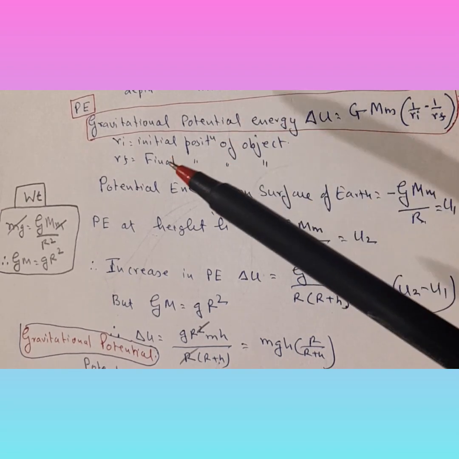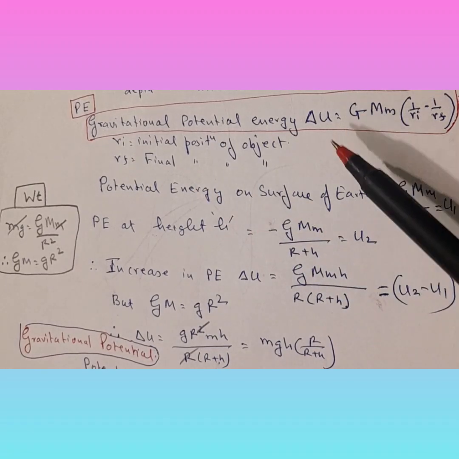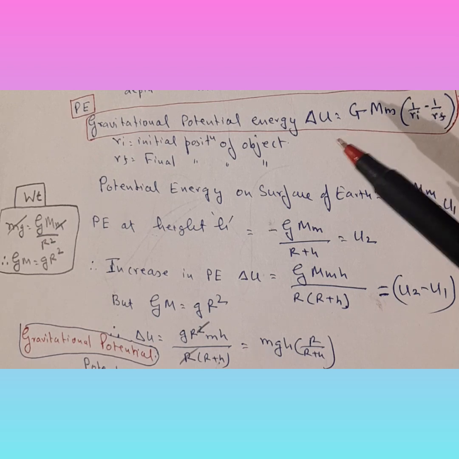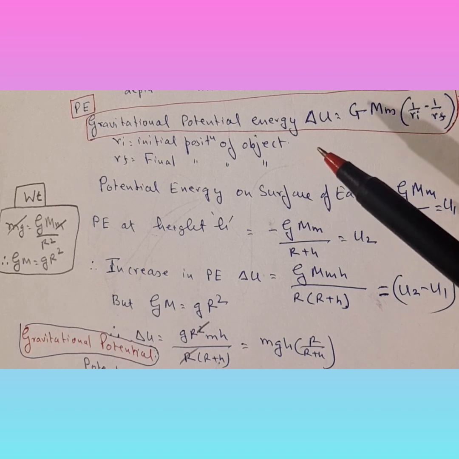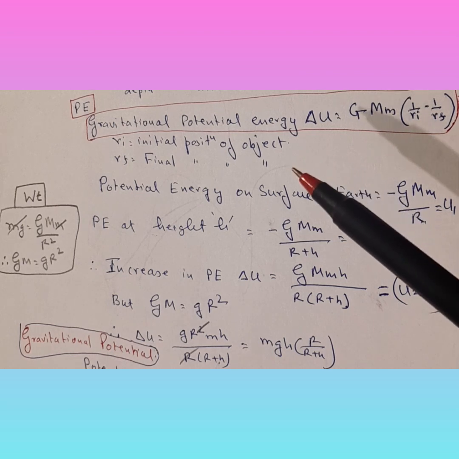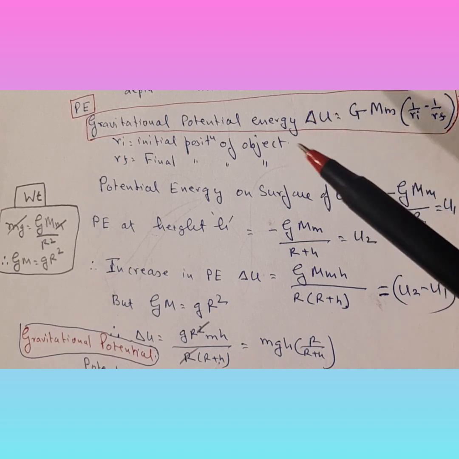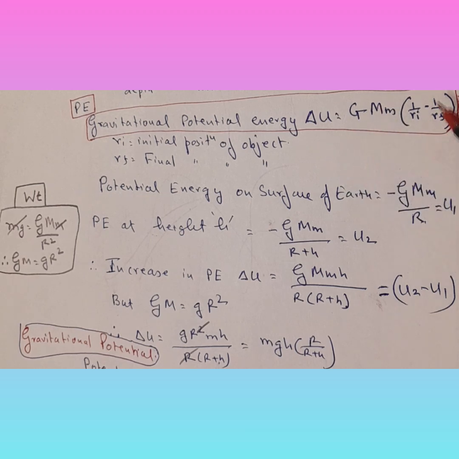Alright, now when we talk about potential energy on the surface of the Earth, this formula is applicable when we intend to detect gravitational potential energy when an object is moving either from the surface of the Earth or closer to the surface of the Earth to further away, or from further away to closer to the surface of Earth. So this is the formula that we use.